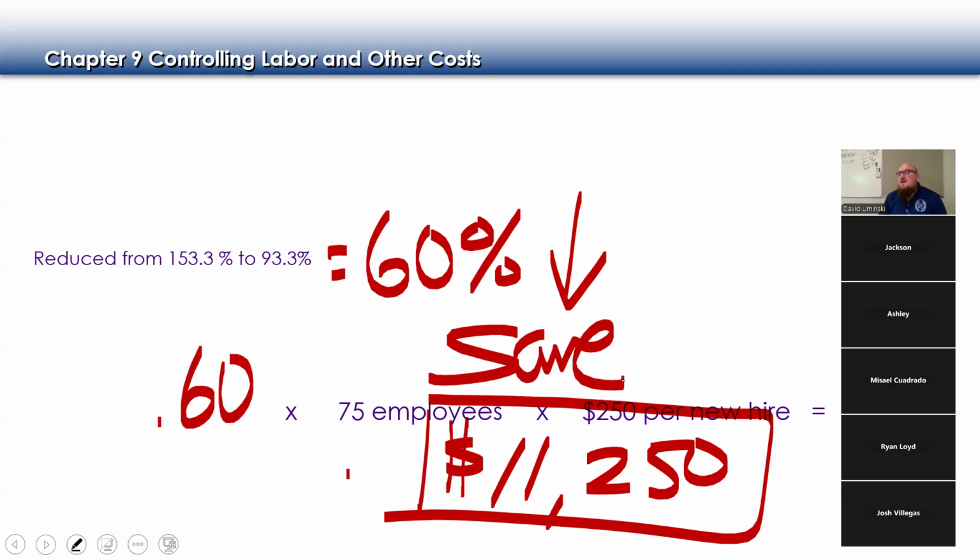But we do want to make sure that we are evaluating the reason why we have a high turnover rate. Maybe we have a high turnover rate because we only spend a week on training and we turn people loose before they feel actually ready to be fully submersed in the job. Now they're making errors and they feel frustrated, and so they leave and go find a job somewhere else.